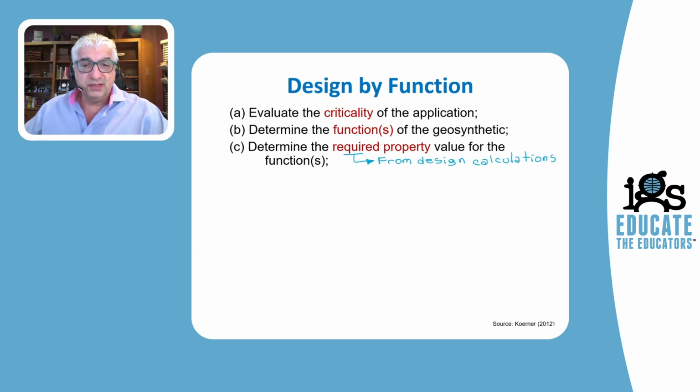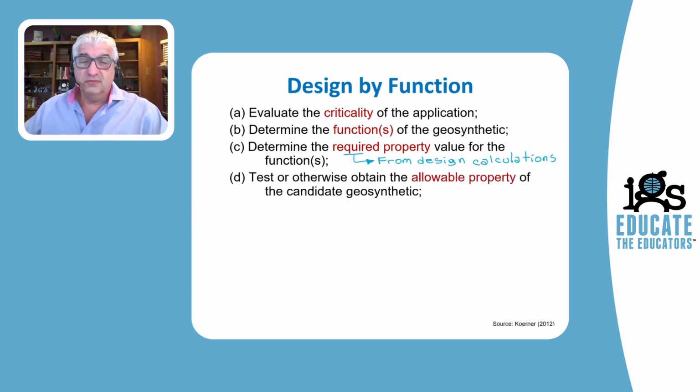For example, the tensile strength that is needed to satisfy stability. In addition to that, we need also to quantify the magnitude of the property that we have. This is the allowable property. This comes from the laboratory, from testing. What is the tensile strength that a geosynthetic can offer, for example?